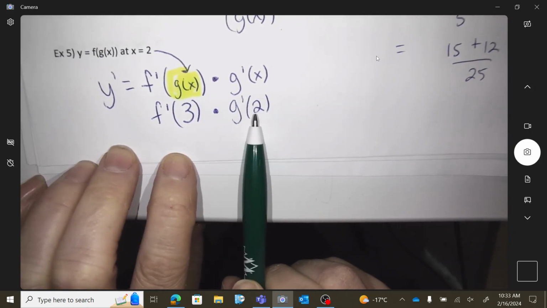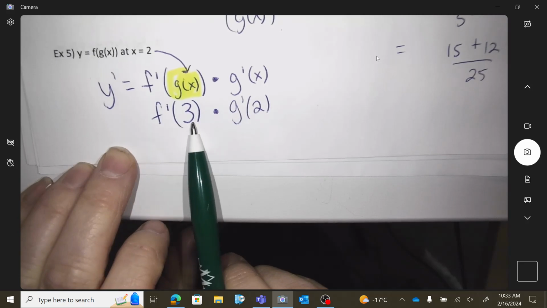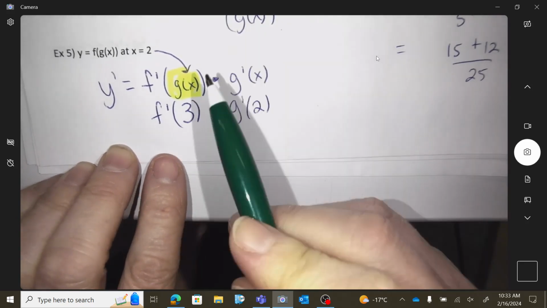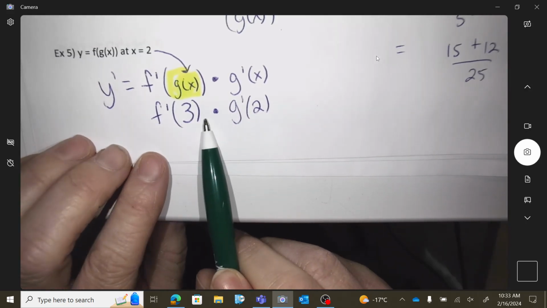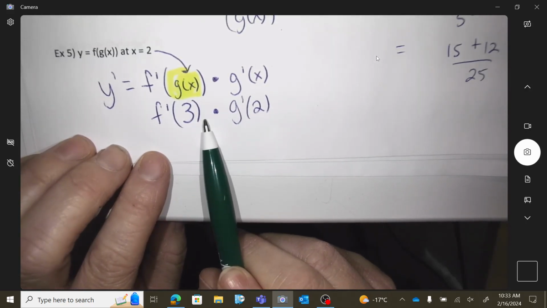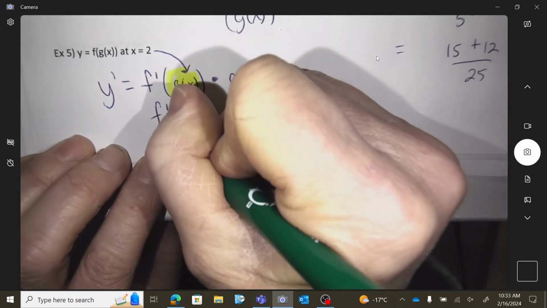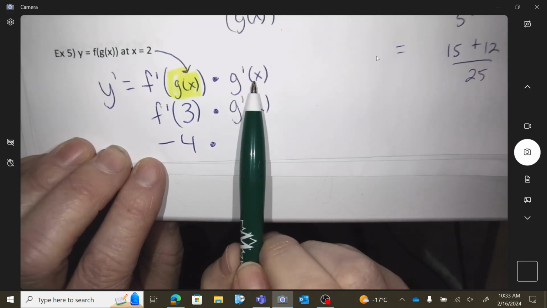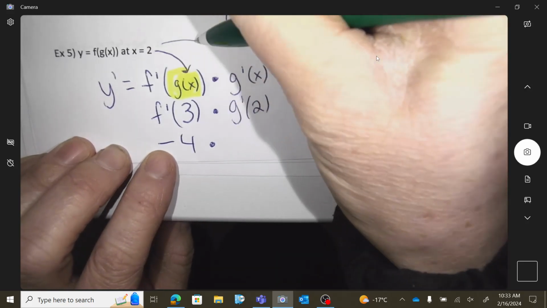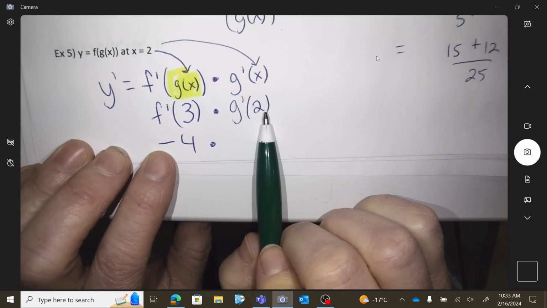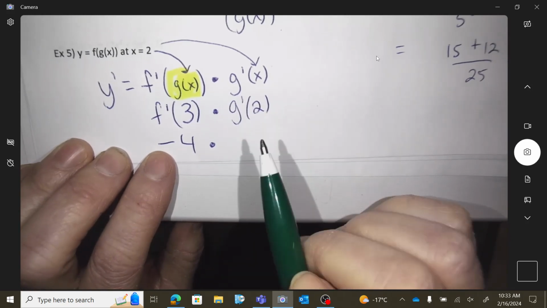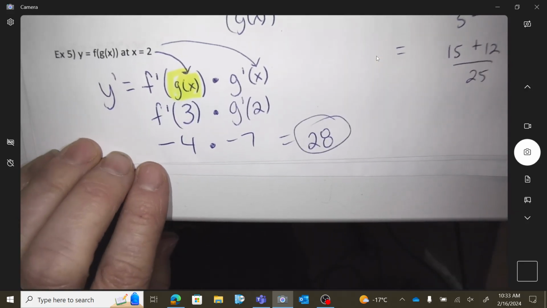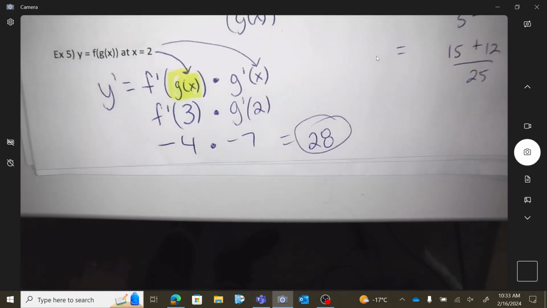And then, now this would actually be what's the F prime at 3, because we replaced that. So F prime at 3, so go to the 3, and the F prime is a -4. And then this was the original 2, that's the original 2. So G prime at 2 on your chart, -7, so that answer would end up being 28. Okay, following the rules.